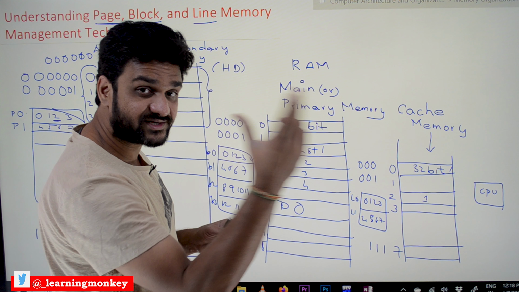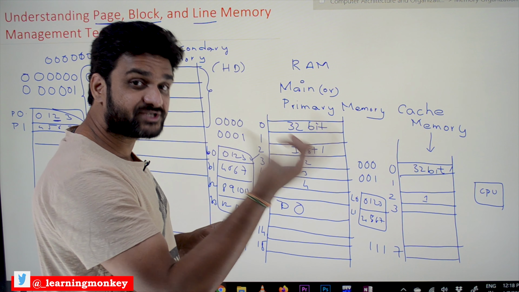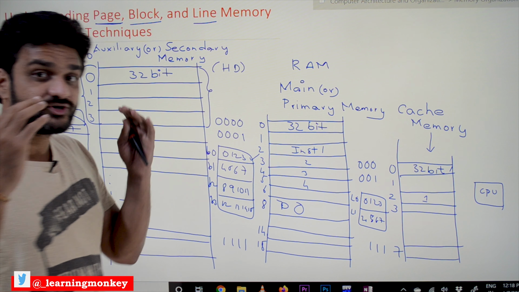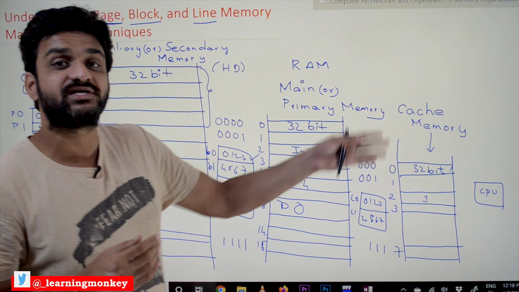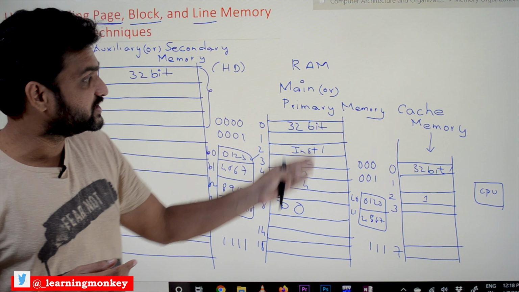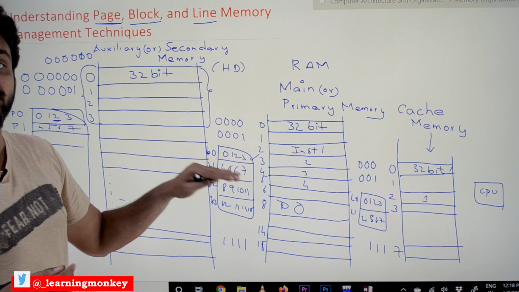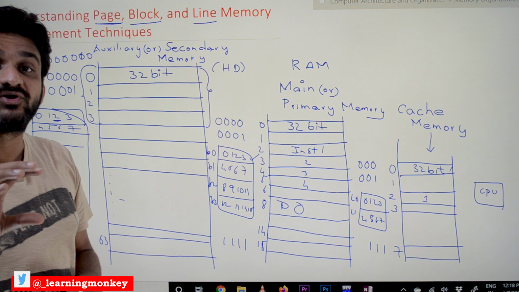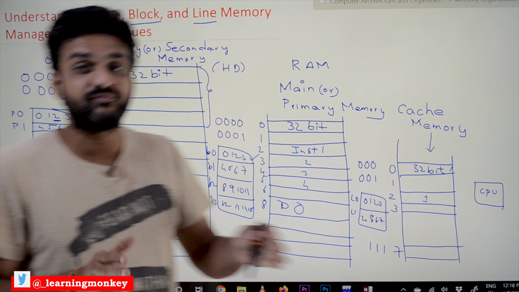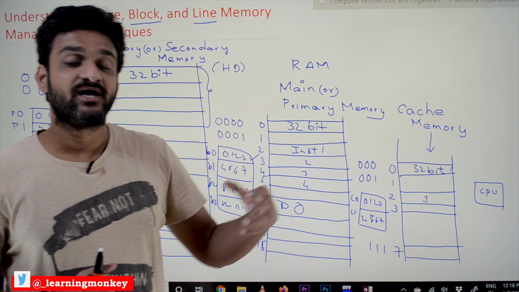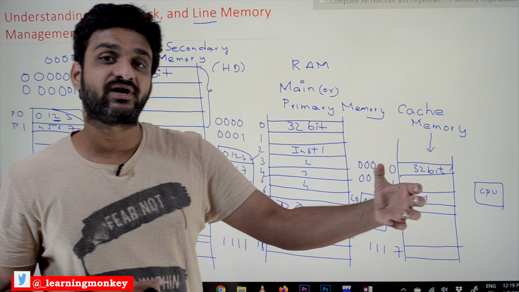What is the address that the CPU is going to generate? Based upon that address, how are we going to decide whether that word is present in the cache memory or not, in the main memory or not, in the secondary memory or not? That is what we call mapping. There are different types of mapping techniques, and in later classes we will try to understand the different mapping techniques that are available.